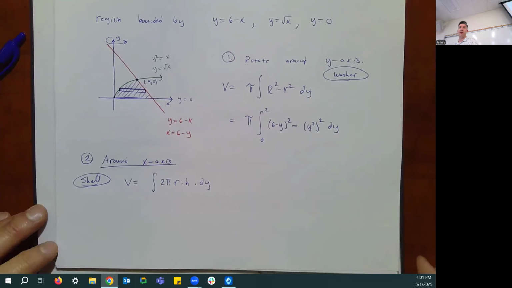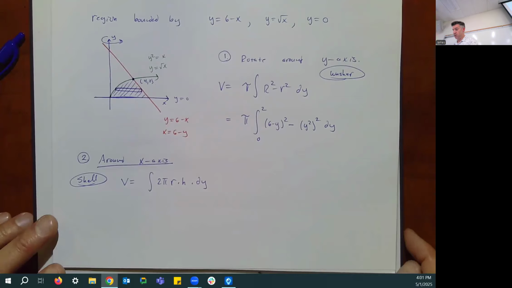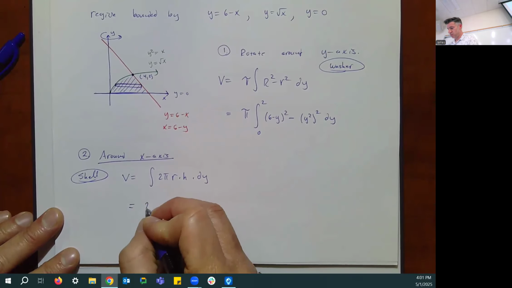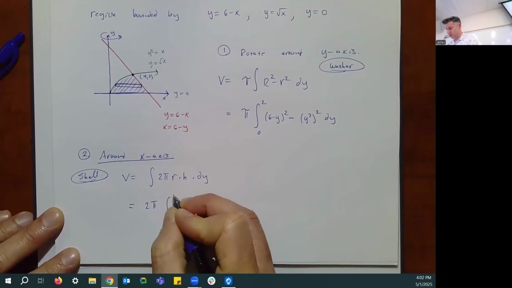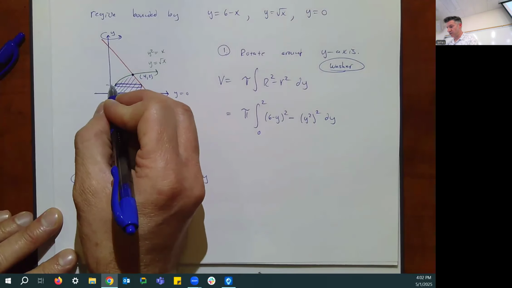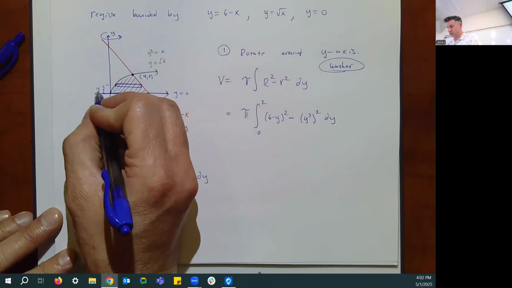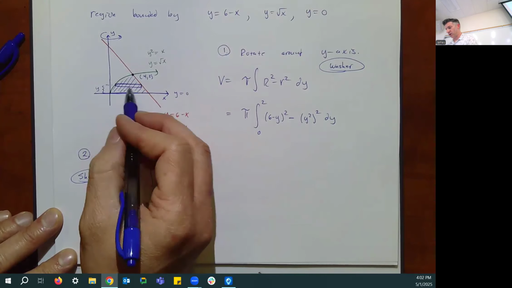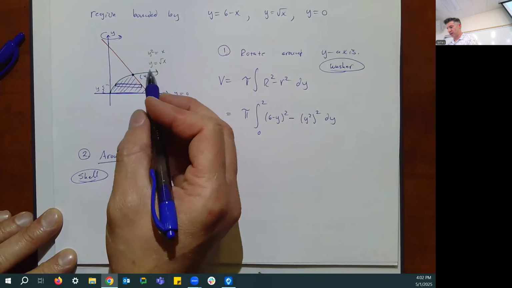It's got to be dy because my strip is horizontal. So now my limits of integration don't actually change. Still going to be from 0 to 2. But now my radius is how far away the strip is from the axis of rotation, which is just y. And my height is how long that strip is, which is the right function minus the left function.